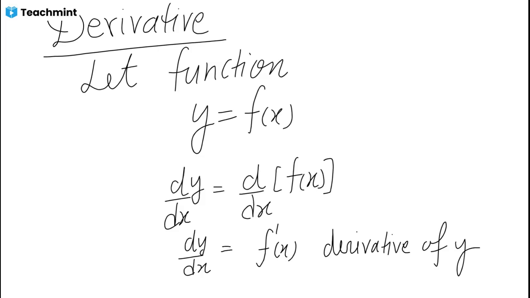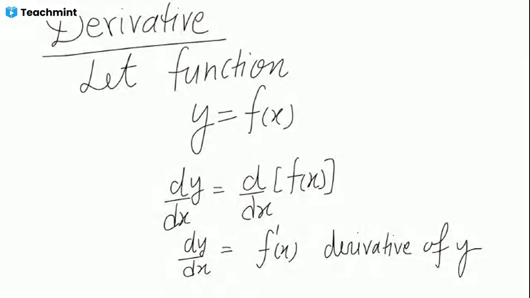Let us do a few formulas which we'll have in our topics, and along with the formulas we'll do an example of each. First, I'm telling you what the meaning of differentiation or derivative is.